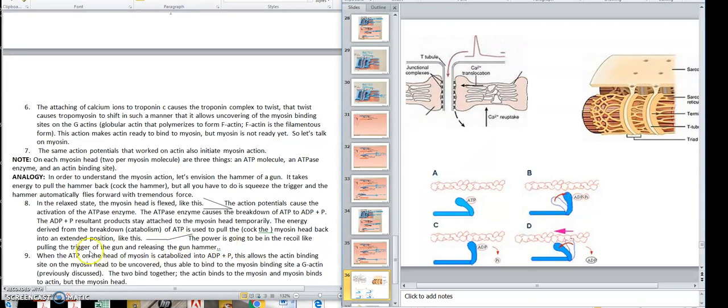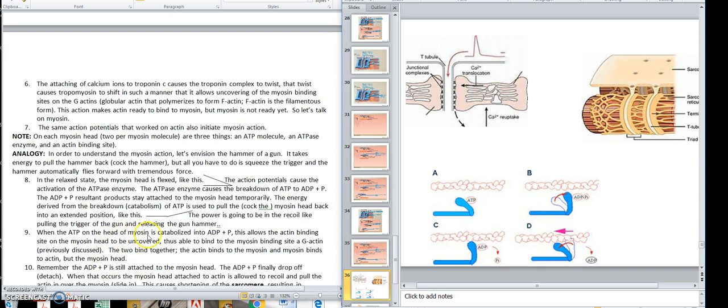When the ATP on the myosin head is catabolized, this allows the actin binding site on the myosin head to be uncovered. So when this cocks back, you can uncover the actin binding site on myosin. The two can bind together.